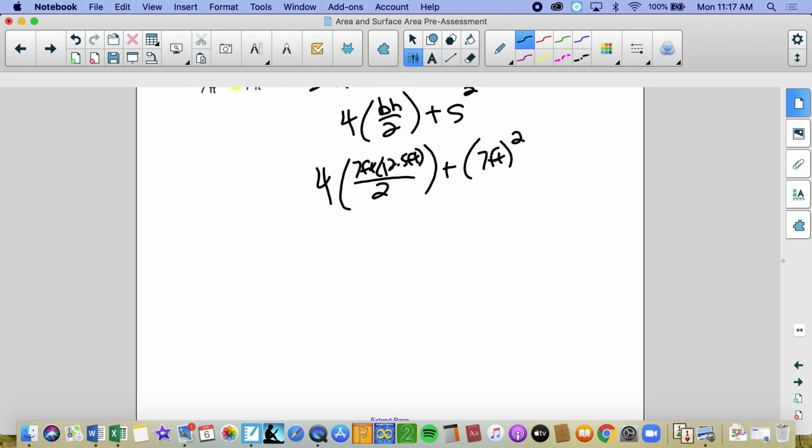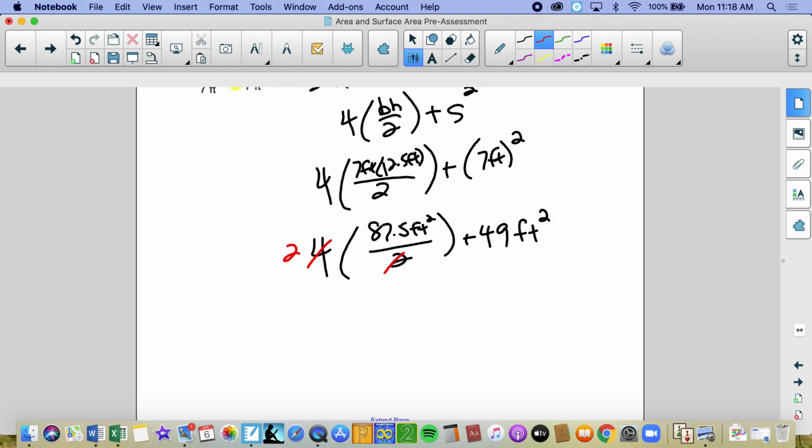Now let's start simplifying. 4 times 7 feet times 12.5 feet is 87.5 feet squared divided by 2 plus 49 feet squared. That's 7 feet squared. Now let's do some quick math here. We can cross cancel the 4 in the numerator and the 2 in the denominator.